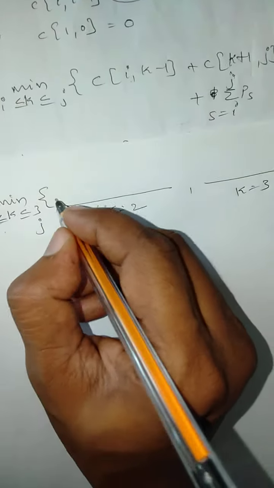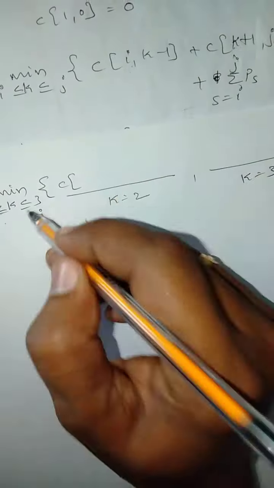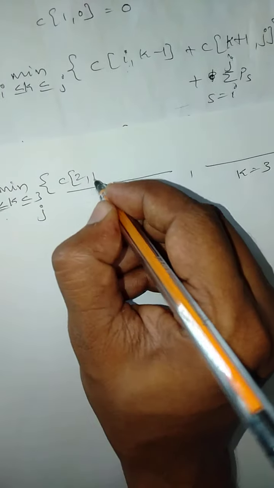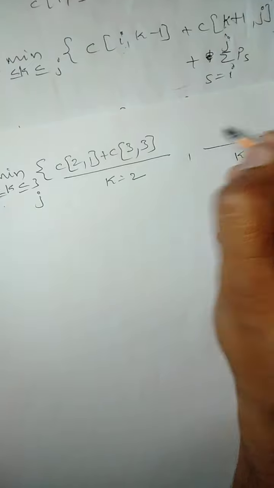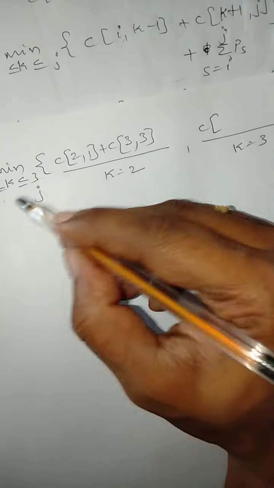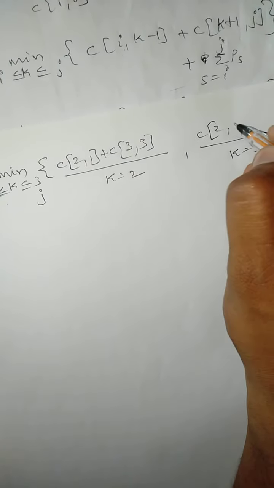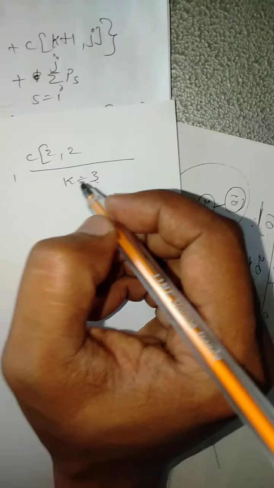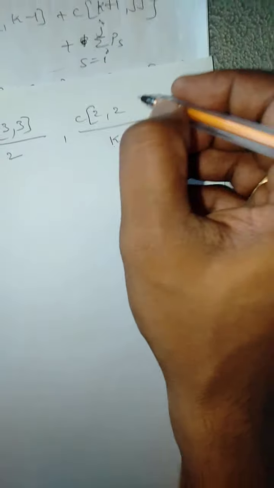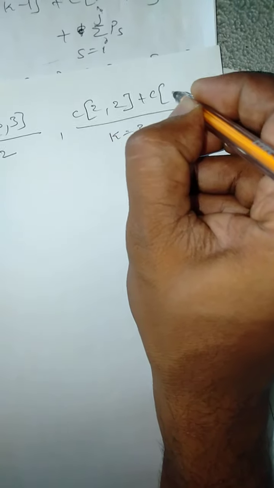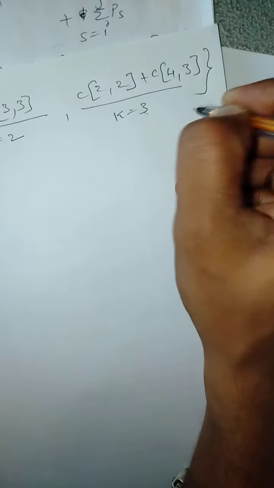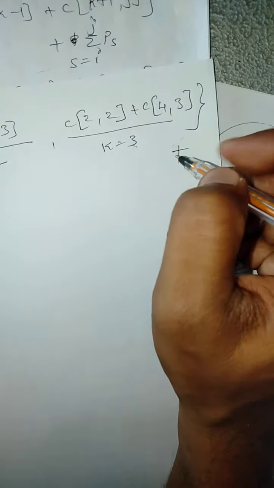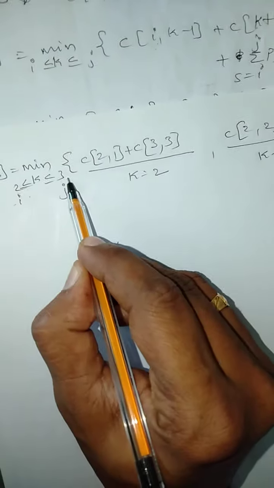So C[i, k-1] is C[2,1] plus C[k+1, j] is C[3,3], comma C[2,2] (k is 3) plus C[k+1, j], that is C[4,3], plus the probabilities of all the key values 2 to 3.